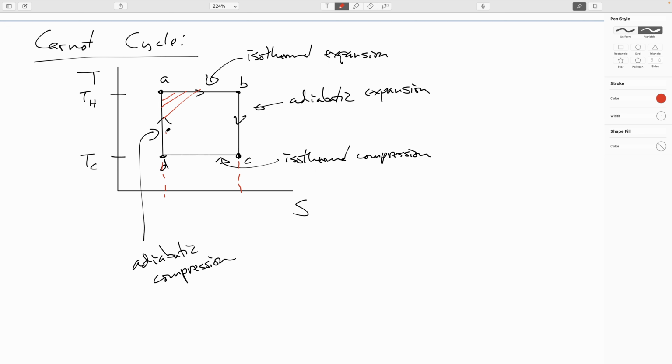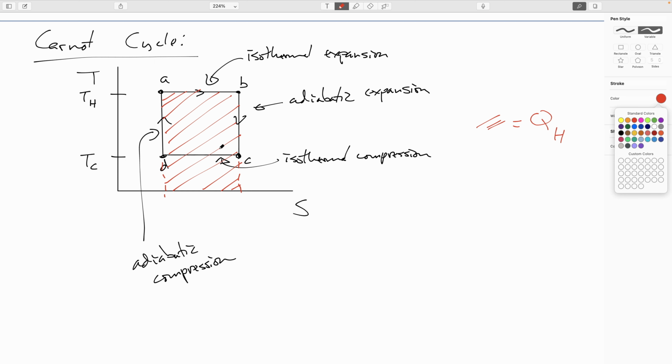So everything I'm cross-hatching in red is heat we extract from the hot reservoir. Now this bit here, where we're going from right to left, this is where we are rejecting heat to the cold reservoir. I'll cross-hatch that in purple. So the heat we reject to the cold reservoir will be this smaller area under the curve.